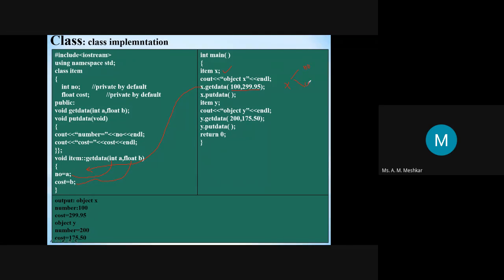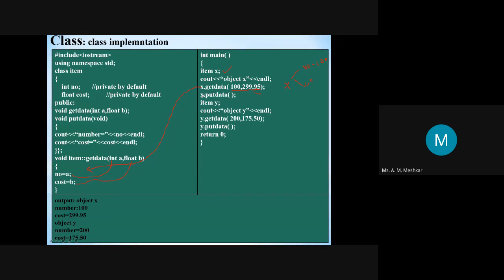Okay, and what values are going to be assigned inside number and cost is that will be decided by these arguments. So automatically number में जाएगी value 100 because we are calling this function. So first argument goes into no and second argument goes into cost. And then cost will be 299. ये हो जाएगी cost की value. किसके लिए? X के लिए.